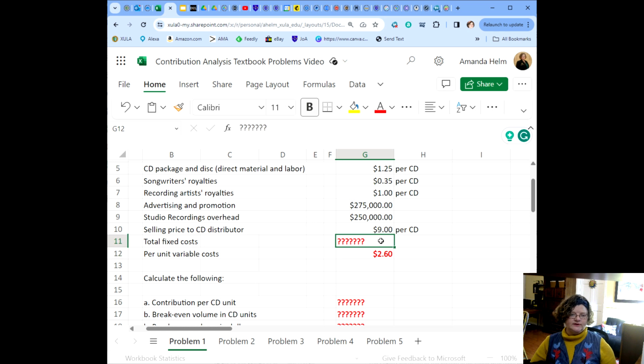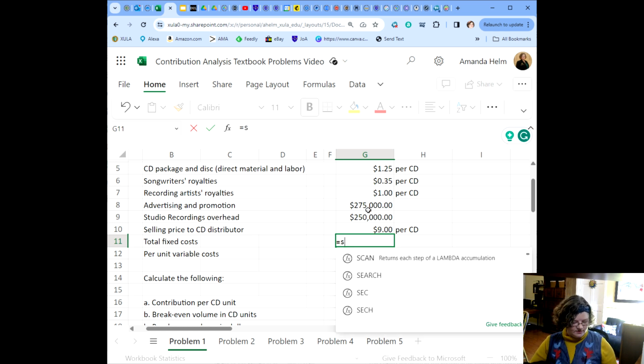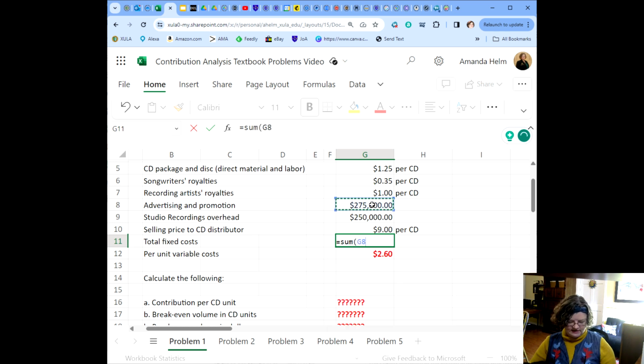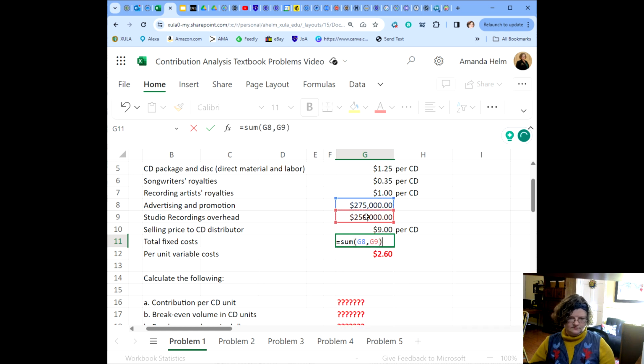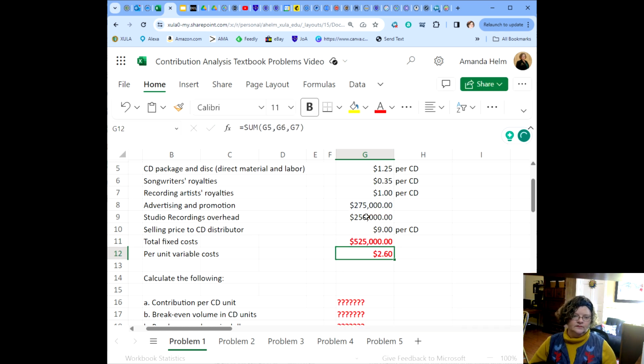So that is my per unit variable costs, and my total fixed costs are, remember, every cost has to be either fixed or variable. So I see two fixed costs here, advertising and overhead. All right, now that I have those two pieces of information ready, I can go on to do the rest of the problem.